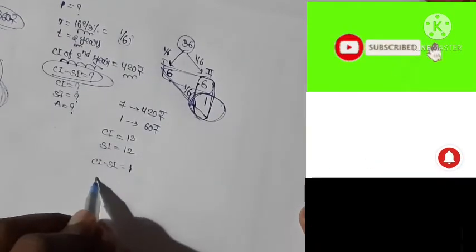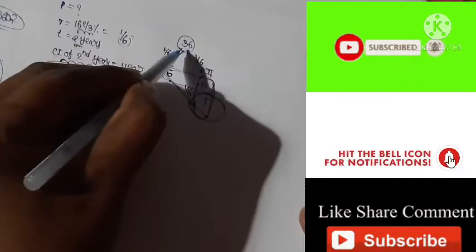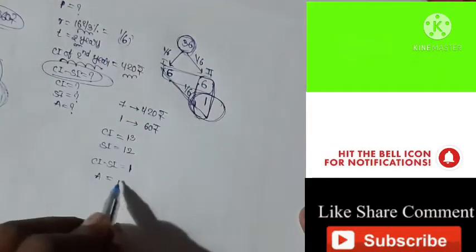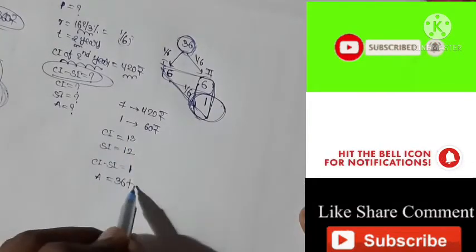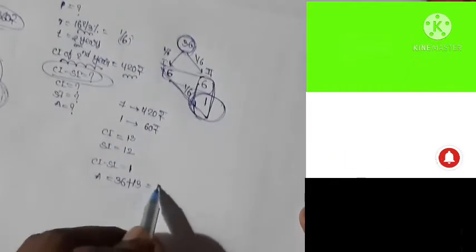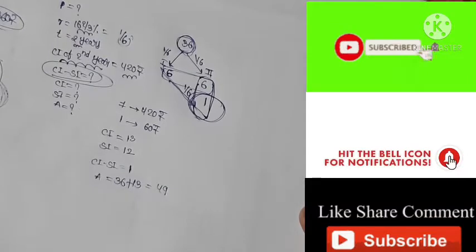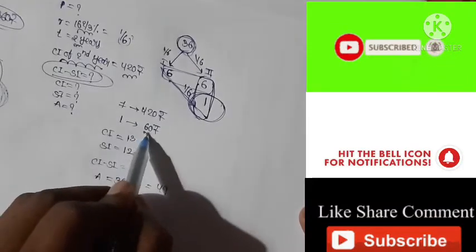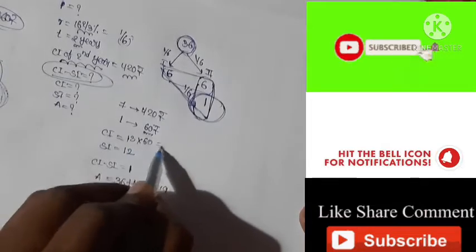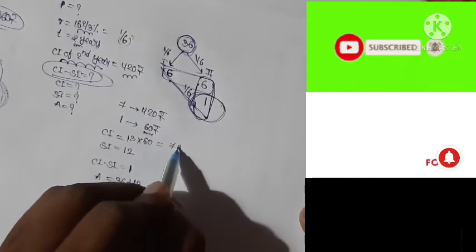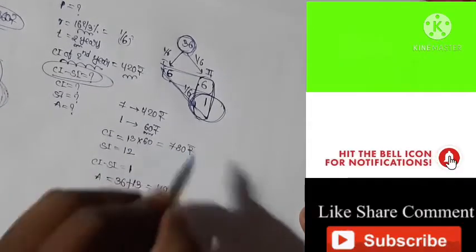So here amount is principal, so principal represents 36 units plus compound interest is 13 units, so 49 units. So 1 unit represents 60 rupees, so compound interest is 13 into 60, so 780 rupees.